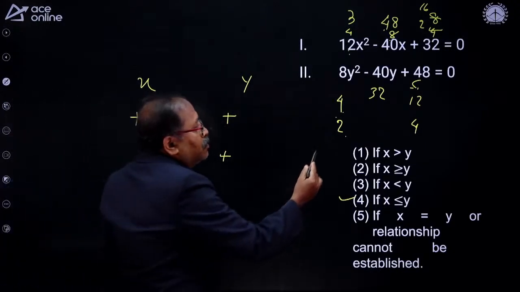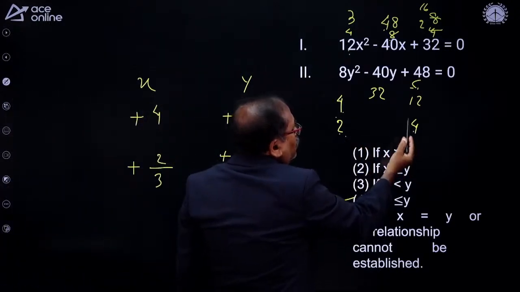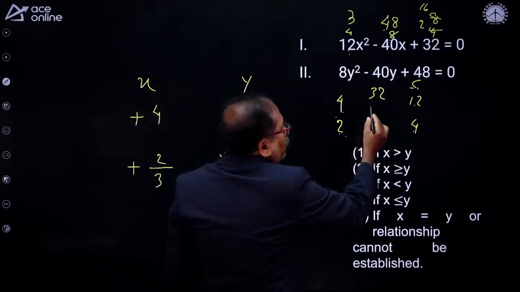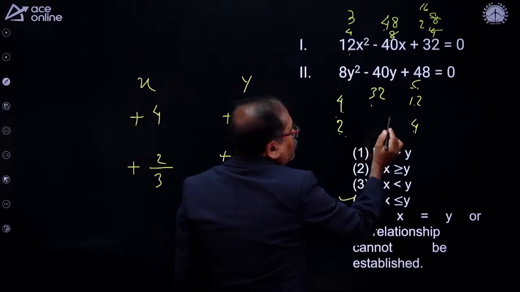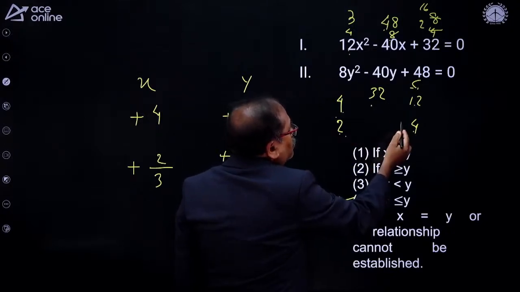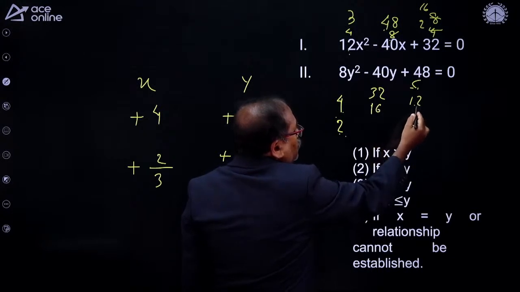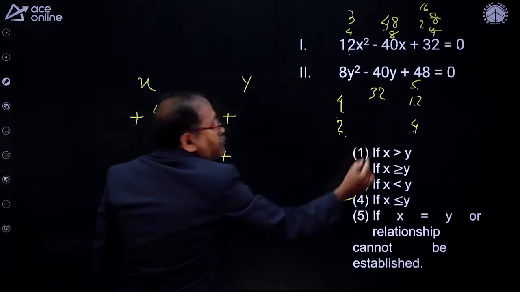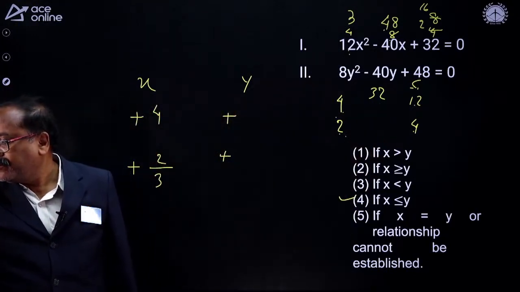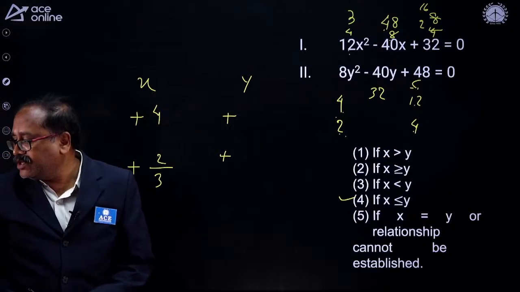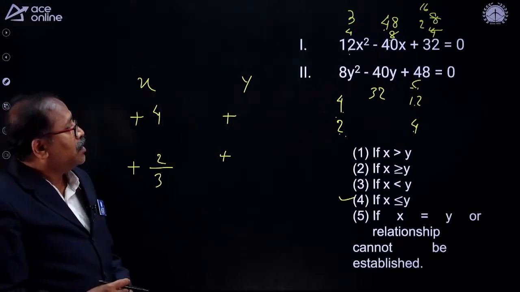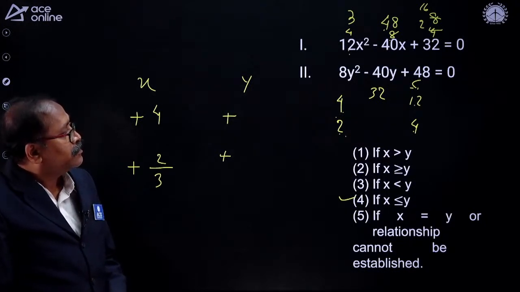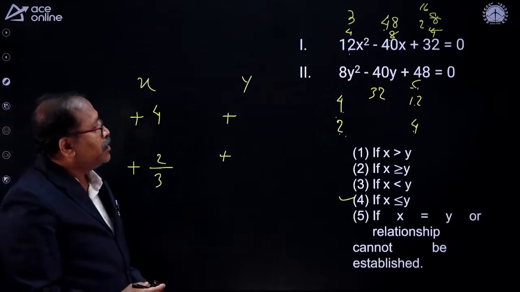Now 12, this is 8, and okay, that's right. 12 4 is 48 minus 8. No, 16, and here it is 24. No. Can anyone suggest the values? How to break this number? That is 8 and let that be 8 into 6.